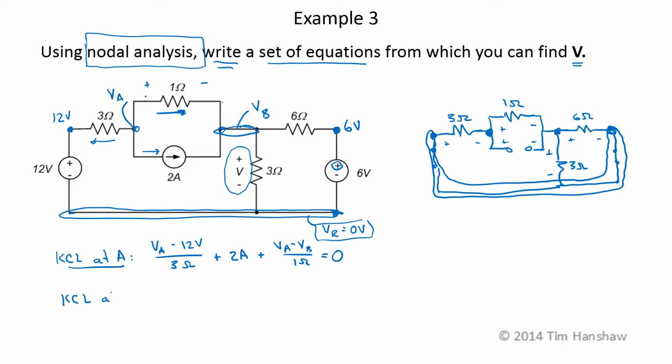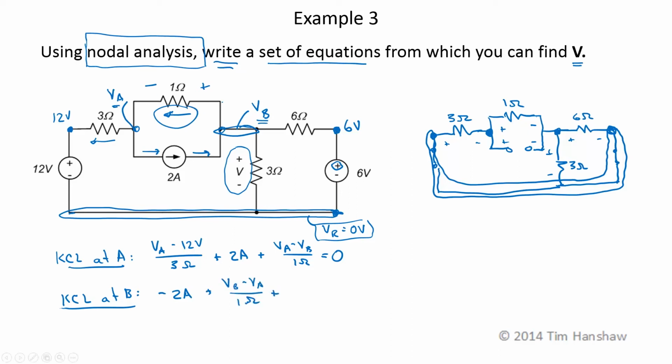Now, KCL at node B, I have 2 amps from the current source entering this node. I'm going to use positive currents leaving the node, so that's going to become a negative 2 amps. The current through the 1 ohm, I'm going to now redefine as being in this direction. That gives me a voltage polarity plus minus this way, and this current is VB minus VA over 1 ohm.